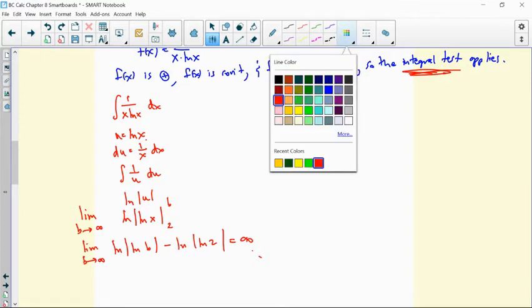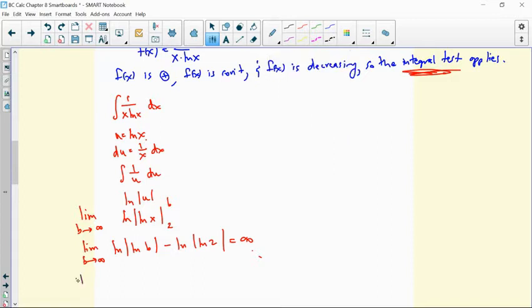So I'd want to make a conclusion here, saying, okay, so thus, since the integral, we could say of f of n diverges. And notice I'm being kind of liberal with my notation.